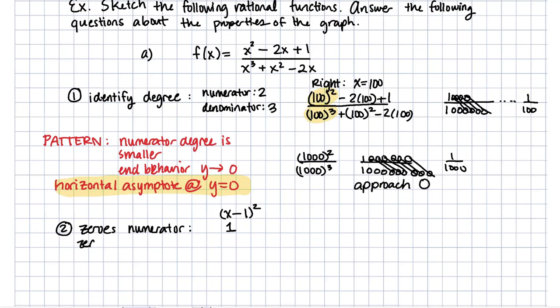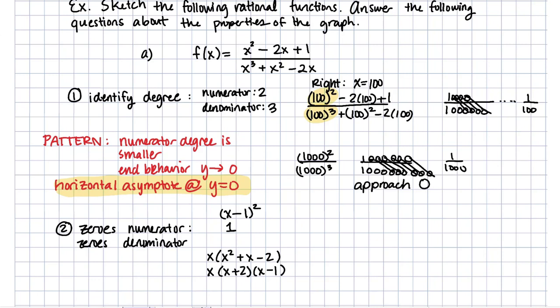And the zeros of the denominator, when we factor our denominator, it looks like we end up getting x times x squared plus x minus 2, and we can factor that even one step further into x plus 2 times x minus 1.